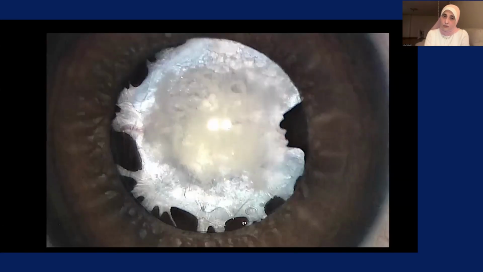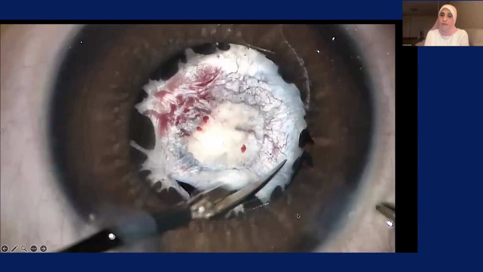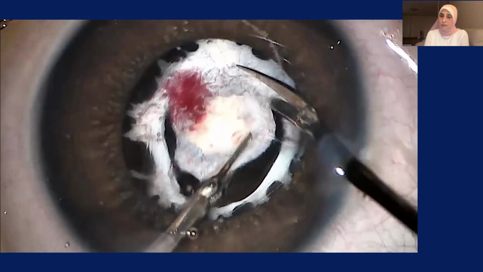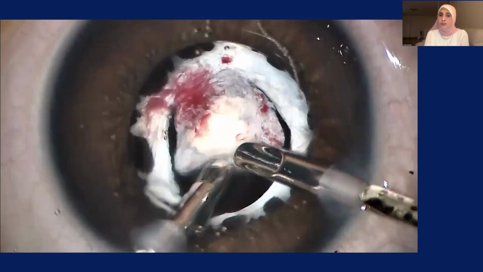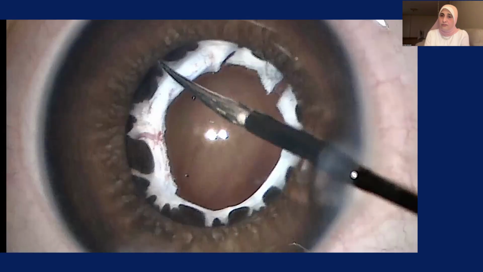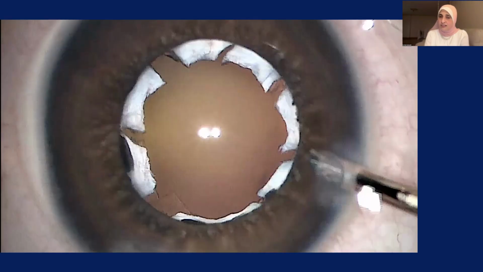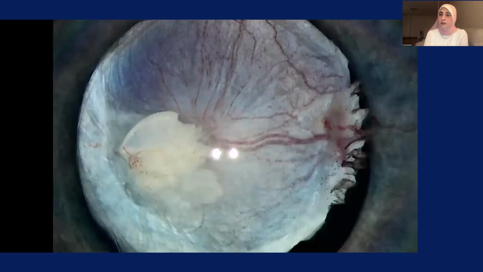But in cases where we have prominence of ciliary processes extending 360 degrees, after cutting the membrane and after trimming with the cutter, we don't leave it like this. We go with radial cuts 360 degrees, and then we perform the anterior vitrectomy, and here at conclusion of surgery.